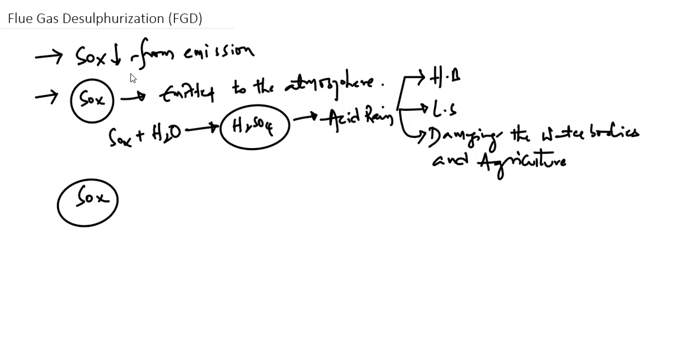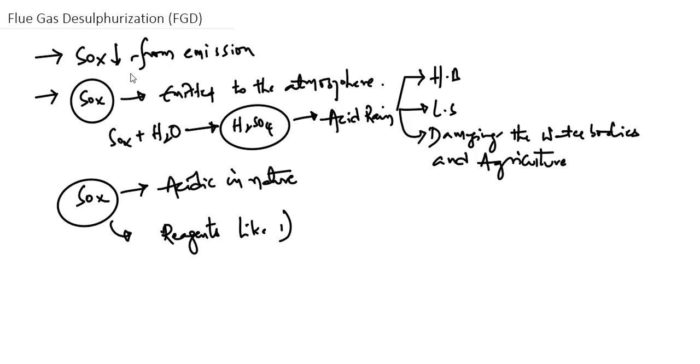Basically, SOx compounds that are present in the emissions are acidic in nature. Thereby, to neutralize, we need to mix this with alkaline reagents like lime and limestone.